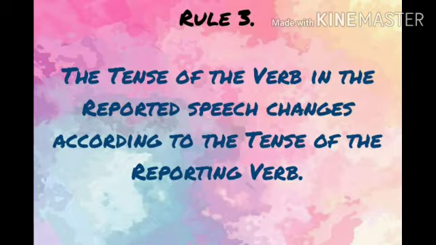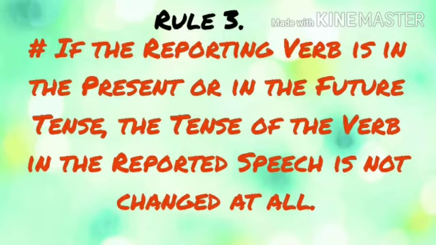Rule number 3. A change is made in the tense of the reported speech for changing a direct speech into indirect speech. The tense of the reporting verb is never changed. So first thing is, if the reporting verb is in the present or in the future tense, the tense of the verb in the reported speech is not changed at all.